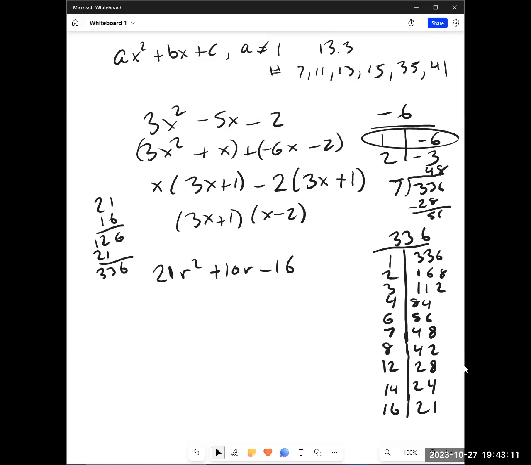So which of those have a difference of 10? We want the smaller factor here to be negative. This pair right here. There we go. Those add to give me 10. So 21r squared minus 14r plus 24r minus 16.